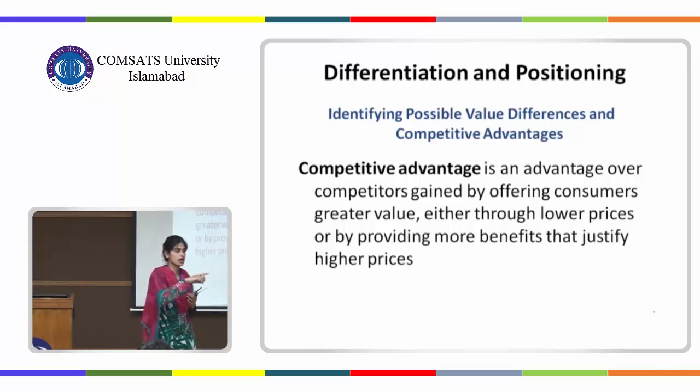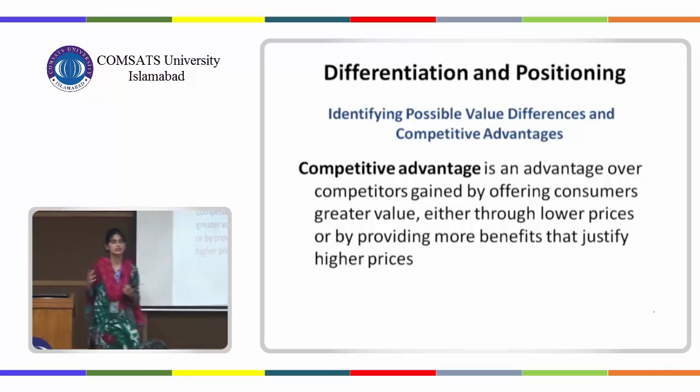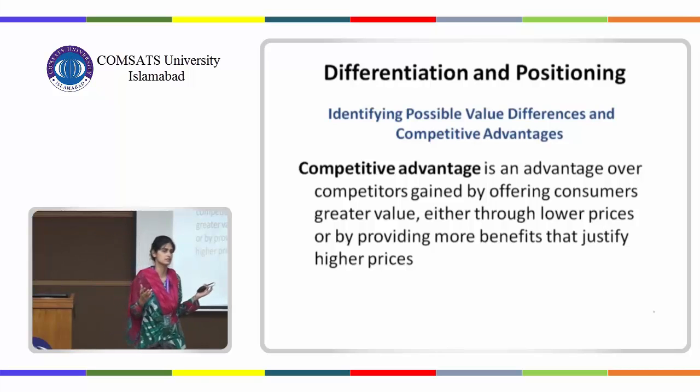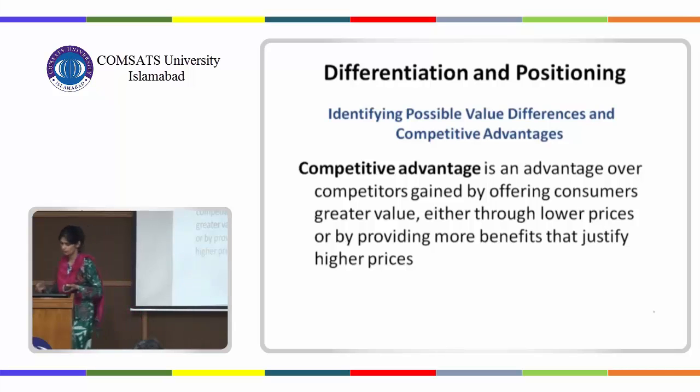Either you produce the product very efficiently, resulting in low cost products or cost leadership, or you produce a product of such a high quality that the competitors simply cannot match that quality. So two very broad basic ways of gaining competitive advantage is either you produce the product at a very low cost very efficiently, or of very superior quality.